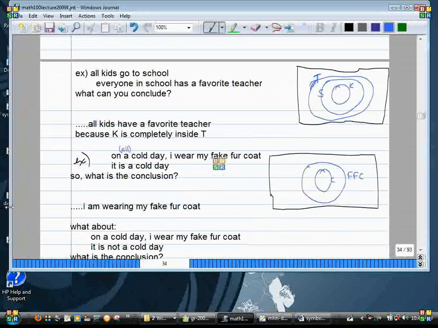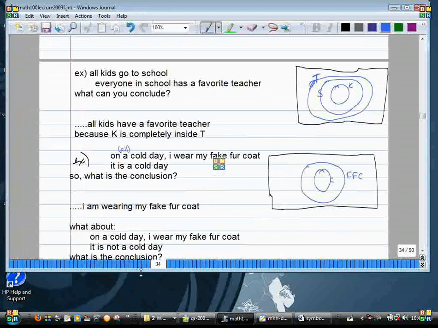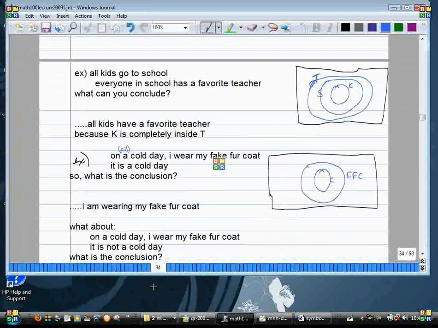What about this one? On a cold day, I wear my fake fur coat. It is not a cold day. What's the conclusion? You say on a cold day you wear the coat, it's not a cold day.